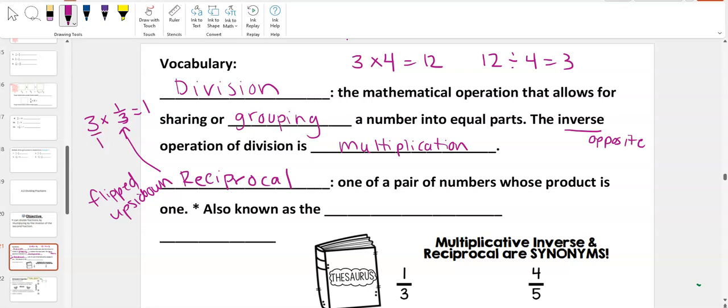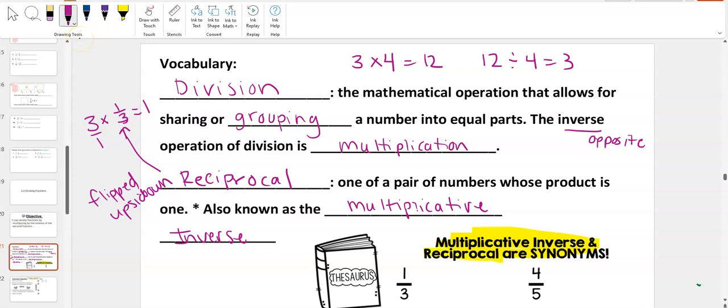Now, this is also called the multiplicative inverse. It's just a fancy way of saying that I'm going to multiply by the upside down version of that number. So when I do the multiplicative inverse, I'm going to flip that number upside down, and that's what we use when dividing fractions. So multiplicative inverse and reciprocal are synonyms. They mean the same thing.